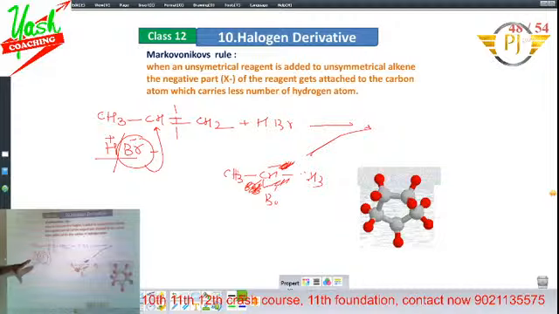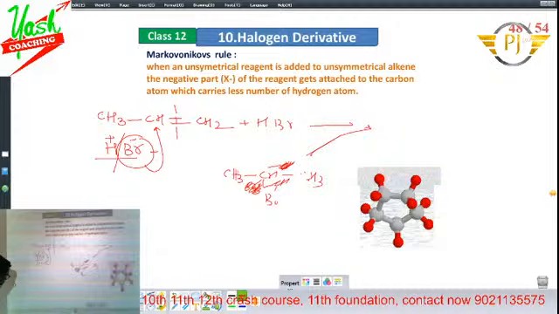When the given alkene is symmetrical, there is no problem. But when the given alkene is unsymmetrical, we have to do this addition with the help of the Markovnikov rule.